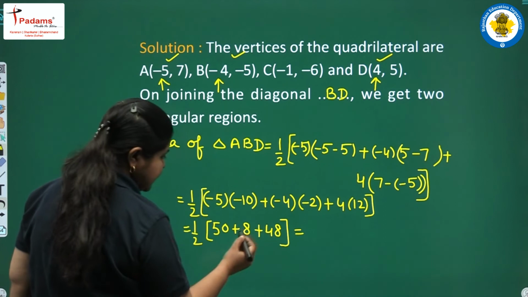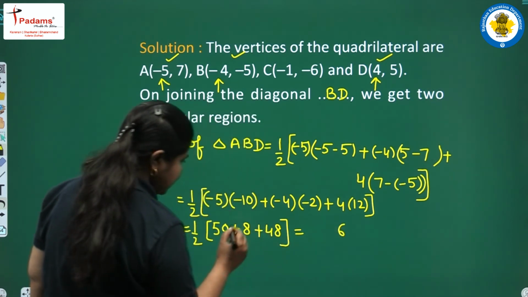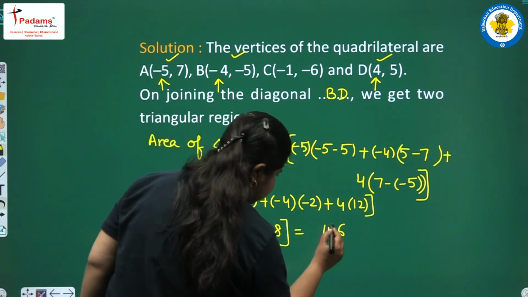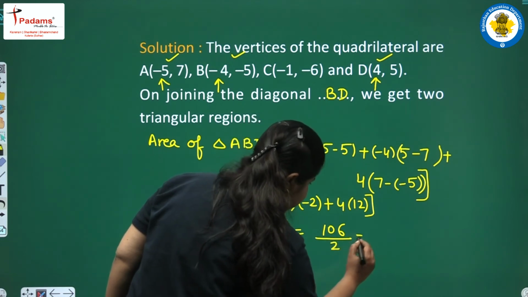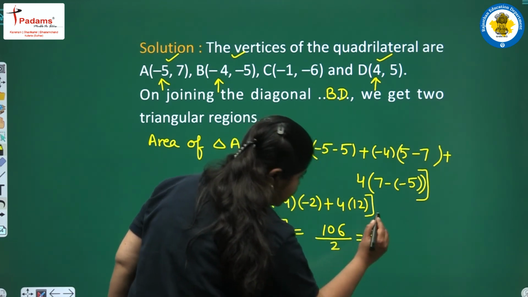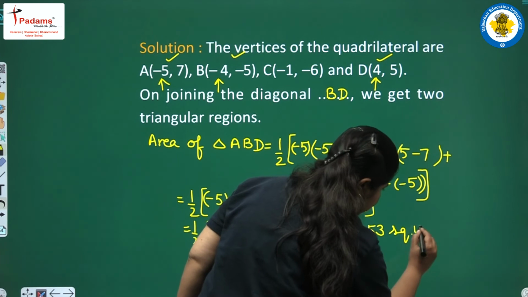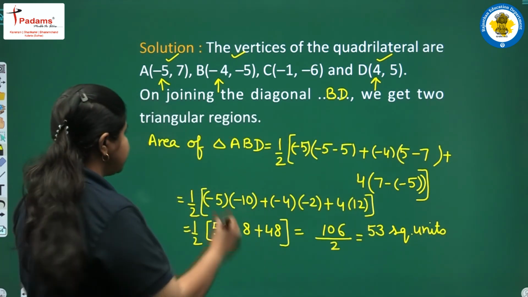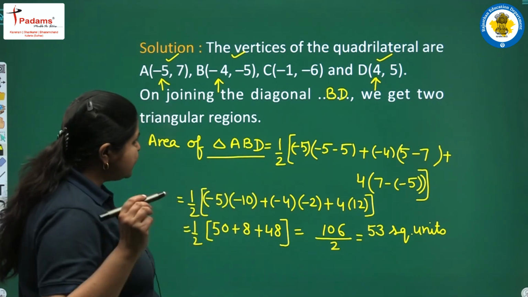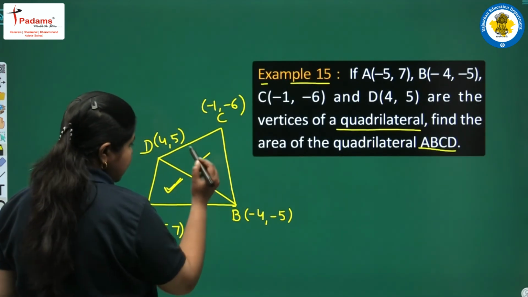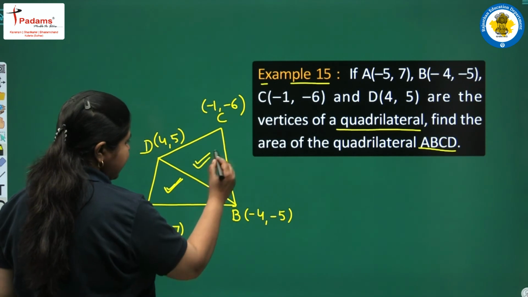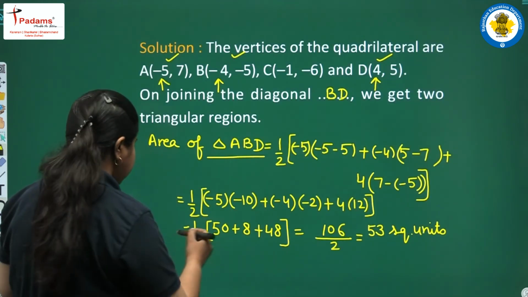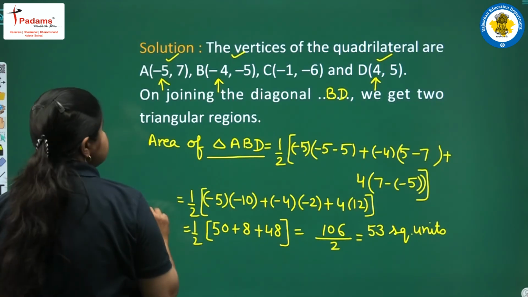Add up the 3 numbers: 50, 8 and 48, it's 106 upon 2. This comes out to be 53 square units. This is the area only of this triangle ABD. Now we need to find the area of triangle BCD. ये second वाला. So we find here area of triangle BCD.